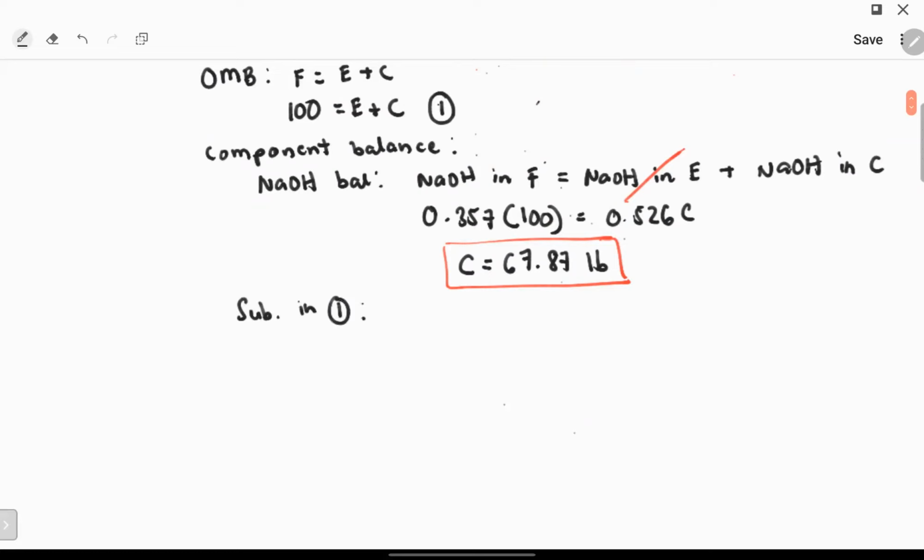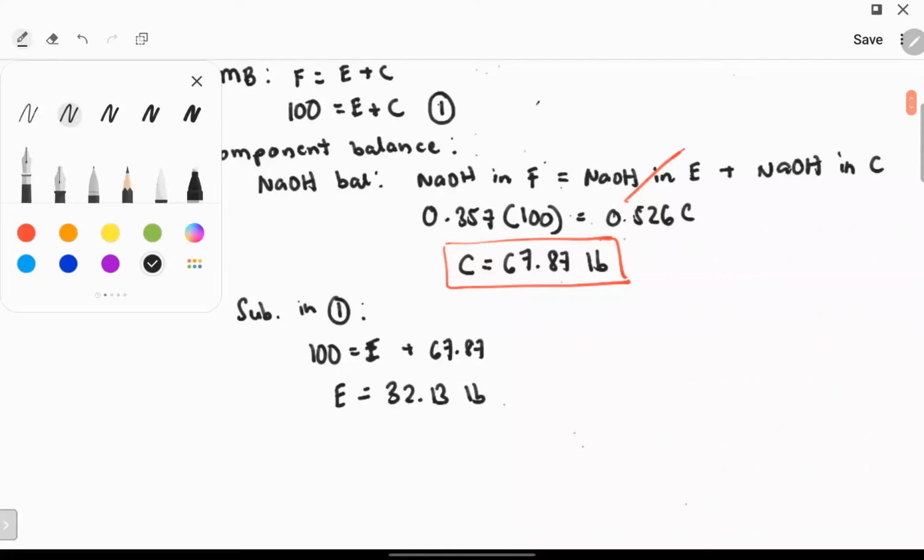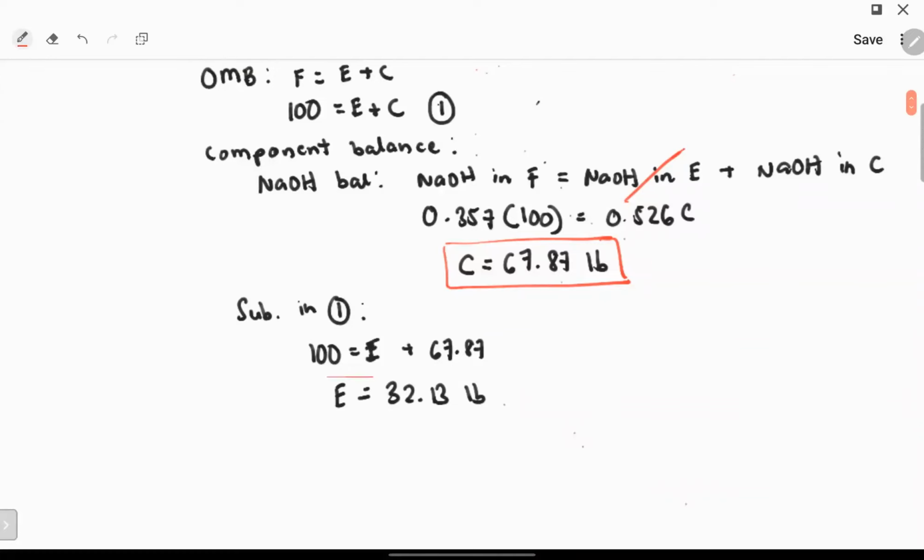So that will be 100 equals E plus C. So what is C? That's 67.87. So therefore, you will get E equal to 32.13 pounds. So yan na yung mga hinahanap natin sa problem. E for the evaporate amount and C the amount of concentrate.